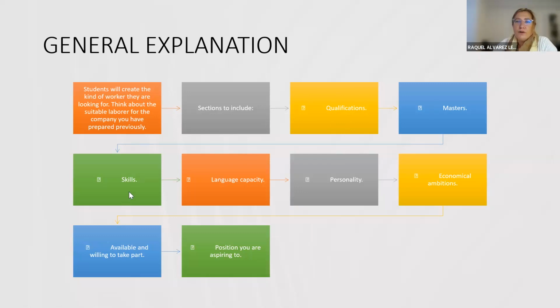Also, apart from the qualifications, probably the masters, what kind of skills you need. So when we say skills, for example, you need this person to be good at communicating, or you need this person to be really punctual, very serious, very strict and perfectionist at the time of carrying out the different tasks he's going to do.